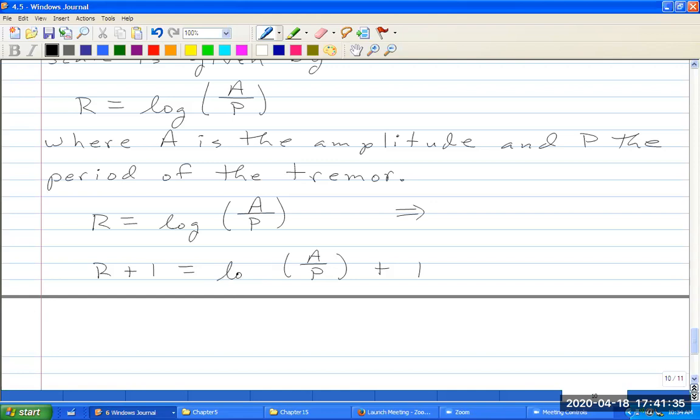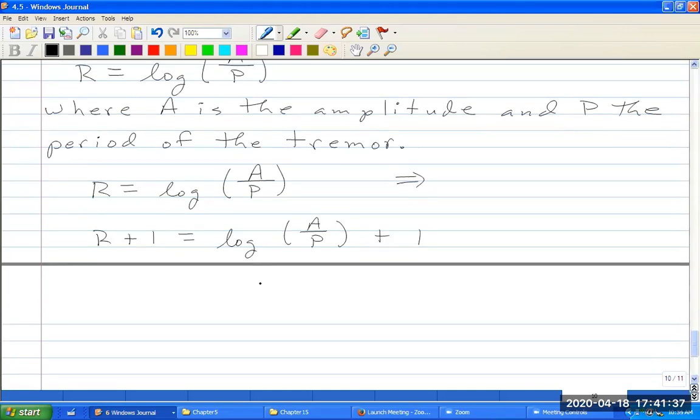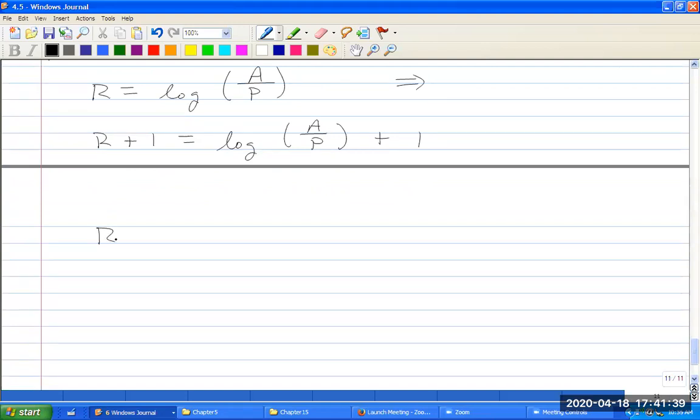Recall that the log base b of b is equal to 1. So if you take the log of its base, you just get 1. So the common log is 1.